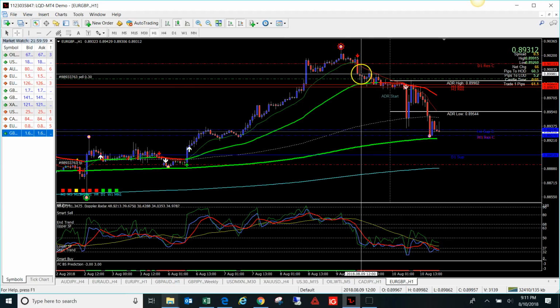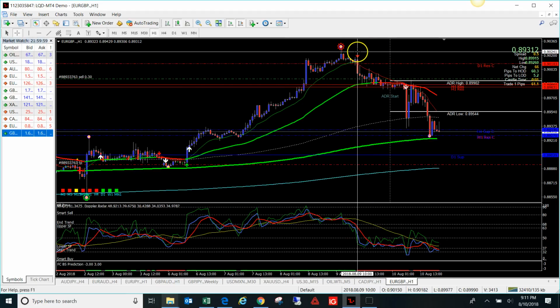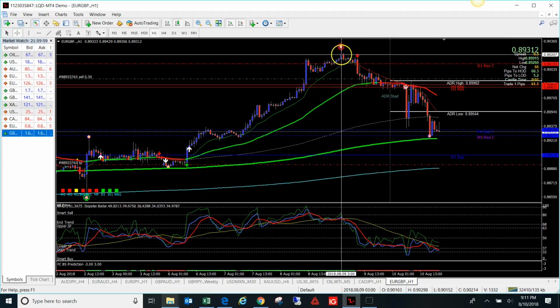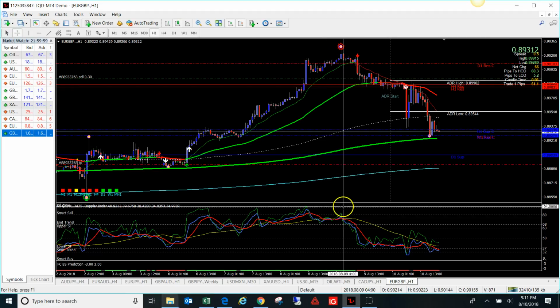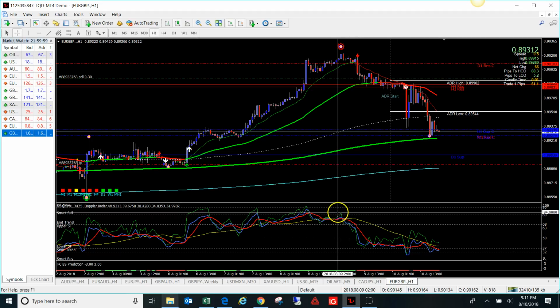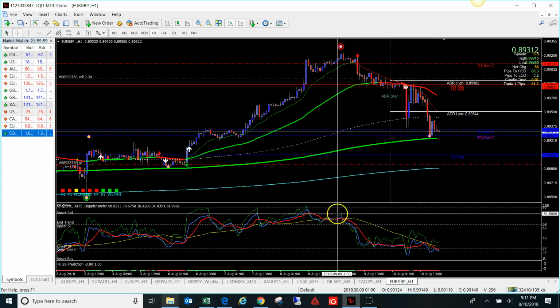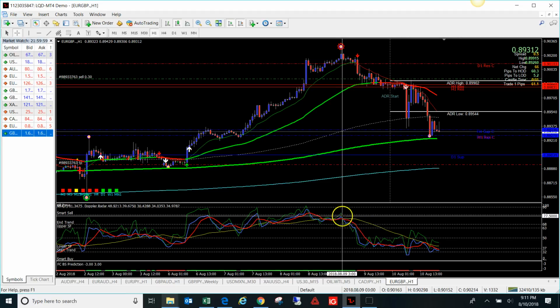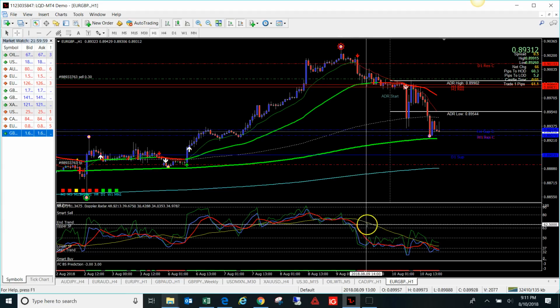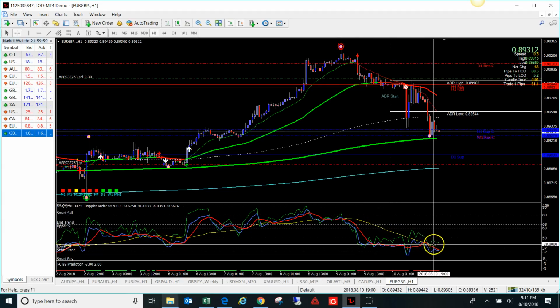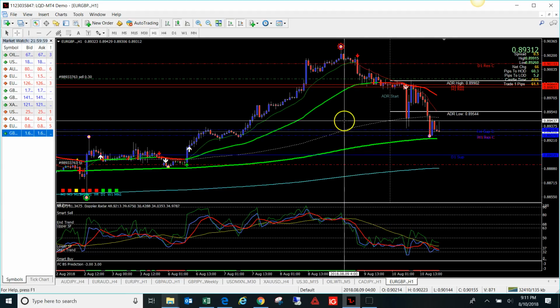Now for the sell, if you come down here, it confirms the sell right here. You have both lines crossing below the red and all three crossing below the yellow market baseline.